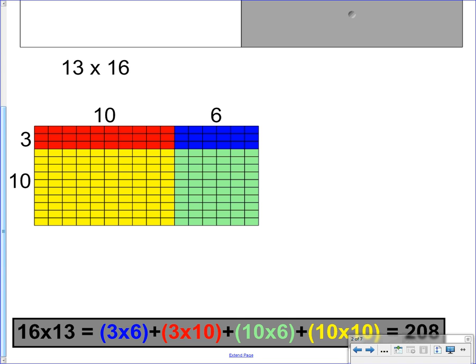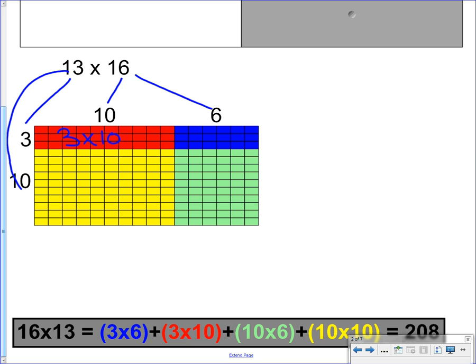13 is actually broken up into 3 and 10. 16 is right here with 10 and 6. So this section right here would be 3 times 10. Maybe green might work better.